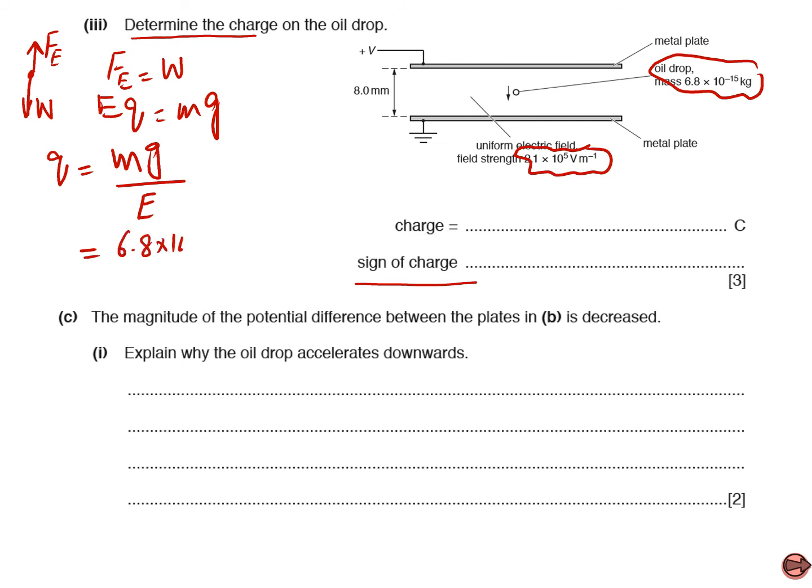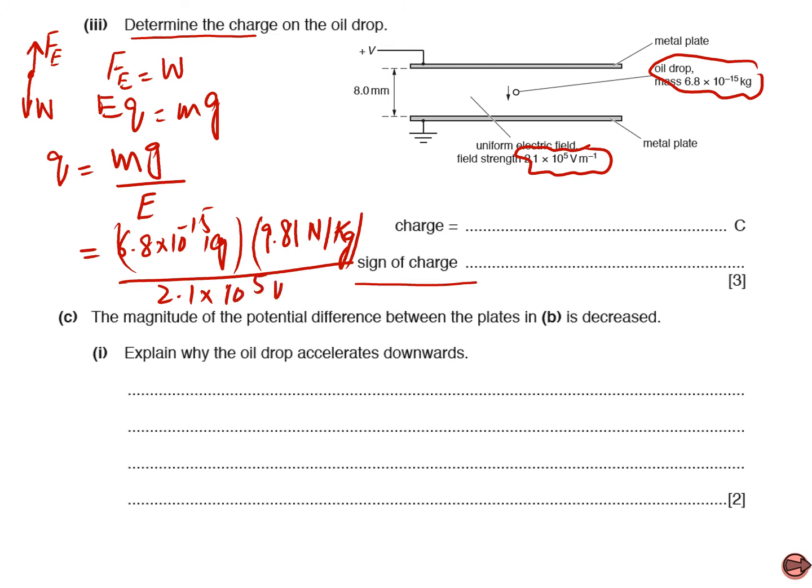This is 6.8 times 10 to minus 15 kg, and g is equal to 9.81 newtons per kg, divided by E. E is given, that is equal to 2.1 times 10 to 5 volts per meter.